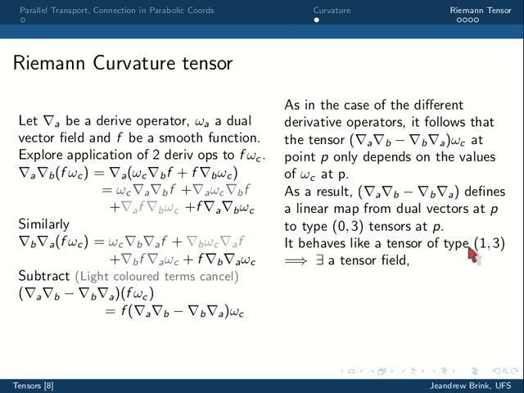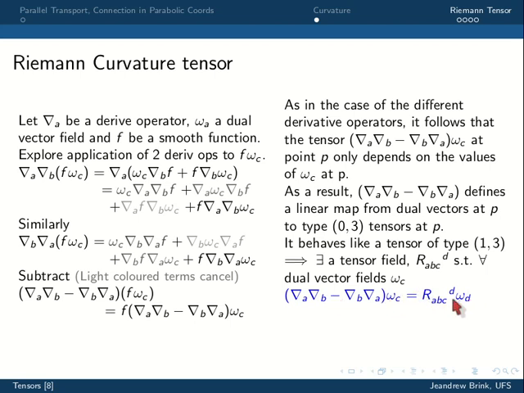So this immediately means there exists a tensor field that we call the Riemann tensor, R A B C to D. And it exists for all dual vectors omega C, such that this difference in derivative operators applied to omega C equals the Riemann tensor contracted with omega D. So it's literally saying that when your derivative operators aren't equal to each other, or when they don't commute, their failure to commute is encompassed in this tensor.